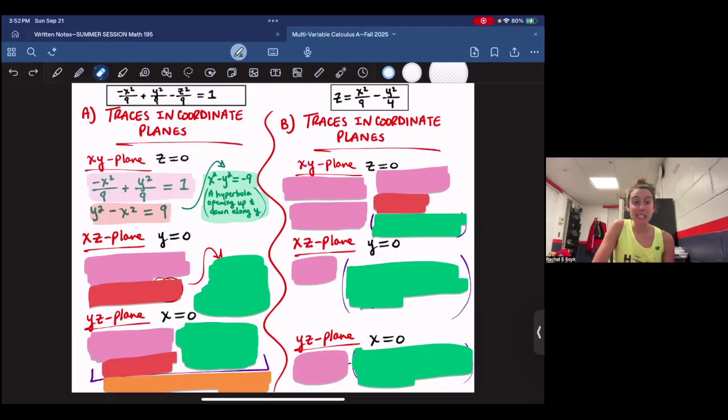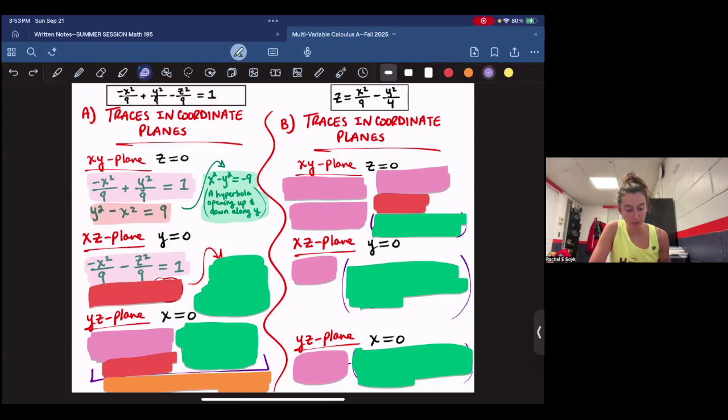Our xz plane, when y is equal to 0, what do we end up getting? We get, y is equal to 0, negative x squared over 9 minus z squared over 9 is equal to 1. So I'll reveal that. And then let's multiply both sides by 9, and we get negative x squared minus z squared is equal to 9.